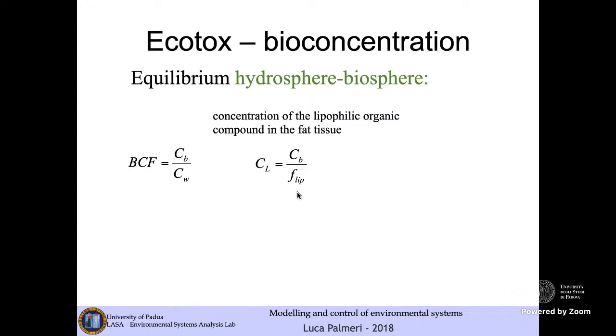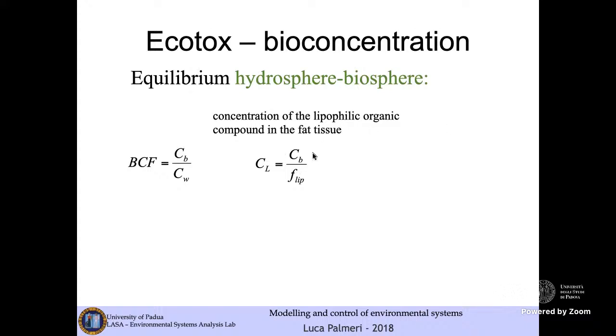So this is nothing special, nothing particular here. We are simply recognizing that most of the substances the environmental engineer is focusing on when dealing with ecotoxicological problems may be found in the lipid part of the biomass or the biota.